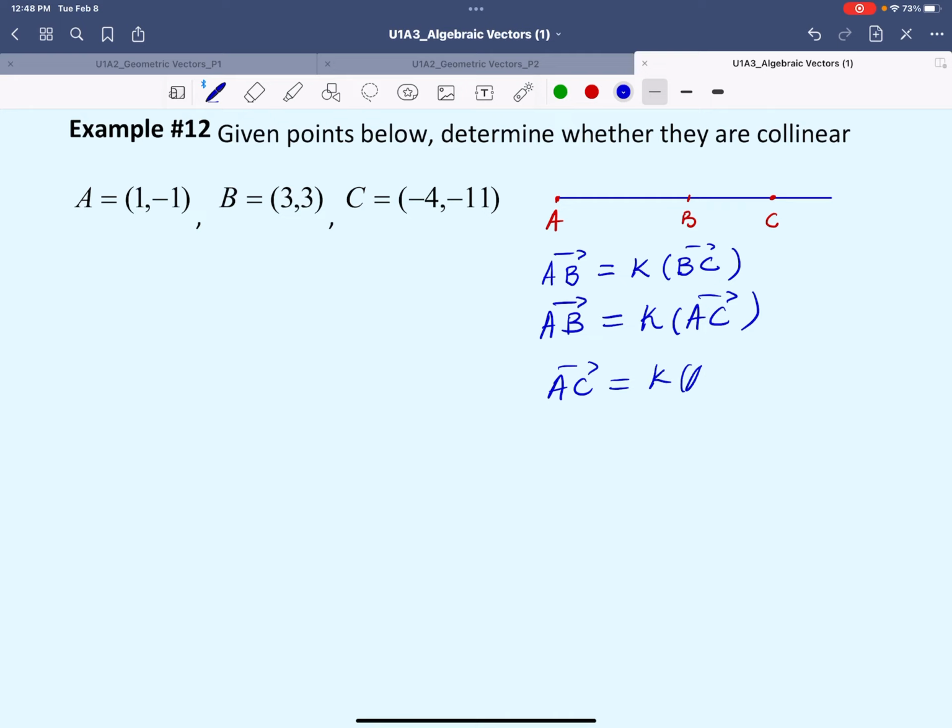So any vectors that are formed on this line can be compared to each other by using a scalar multiple, right? So if that is true, then we would say that, oh yes, they are collinear.